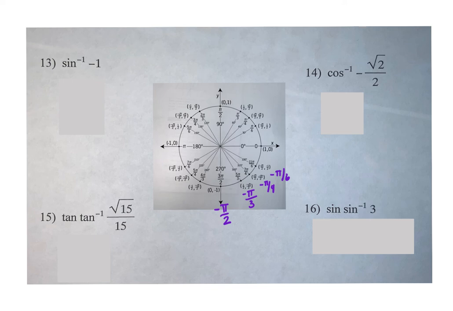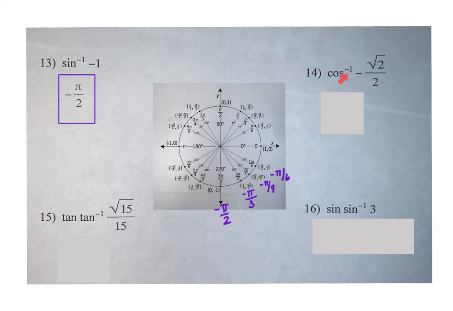So if I'm trying to find the y value, that is a -1, that's right here. So my answer here is negative pi over 2. And that is why your answer ends up being negative pi over 2, because on the unit circle, the y value of -1 is negative pi over 2 right here. All right, that's what we do for sine and for tangent.